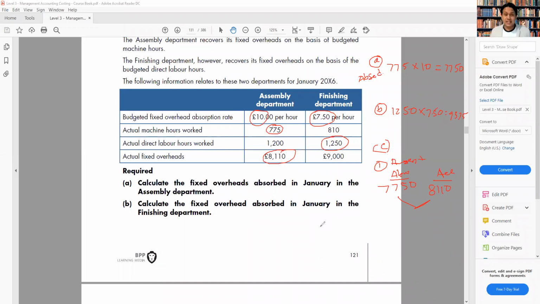We absorb less than the actual, 7750, so this is under absorbed. Very good. Number two, for the finishing department, we absorbed 9375, and the actual is 9000. Again we ask ourselves, did I absorb more or less? The actual is 9000, but I have absorbed 9375. So I absorbed more, so it is over absorbed.